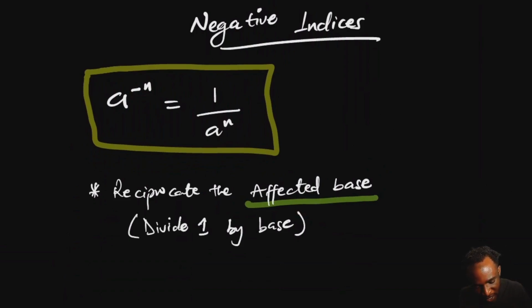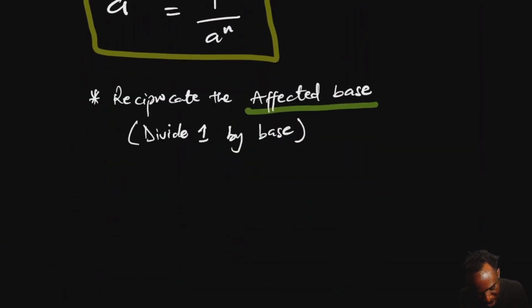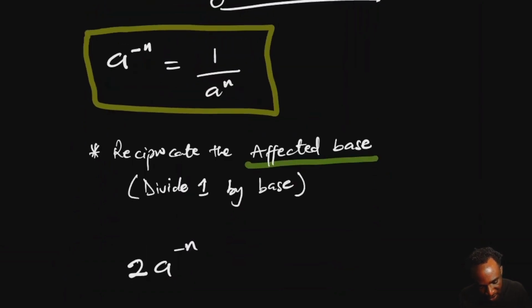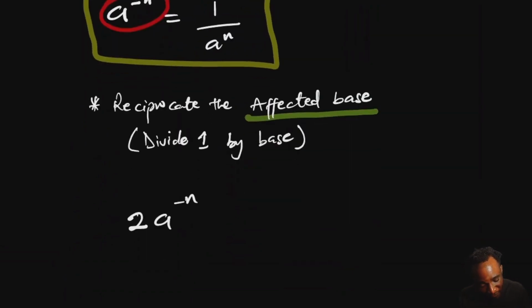For example, if you have maybe 2a raised to the power minus n, let's just use this example again. If you have this, the 2 is not affected. So this 2 over here is not affected by this n. There is no bracket. So therefore, all you have to do is keep the 2. This is going to be equal to 2.